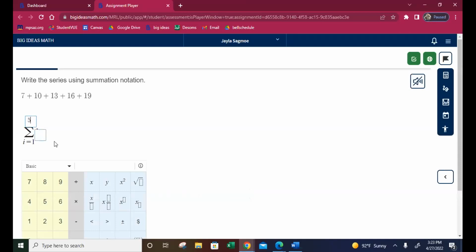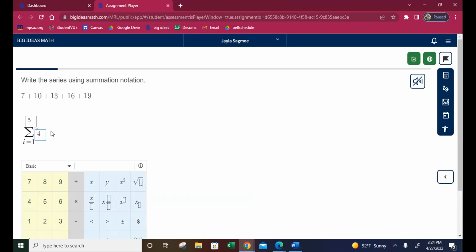Now what goes in that middle box depends on what kind of series or sequence this is. Is this going up by the same amount? Yes. So this is where we have to write the formula right in that box. What's the number that would go to the left of 7? 4.